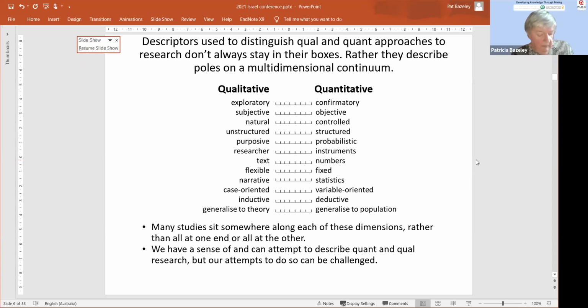Or that numbers mean that you are being positivist and deductive. Well, not always. Numbers can be used in an inductive way. So those divisions can be challenged, and studies often sit somewhere on the continuum between each of those characteristics. And remember, I've just listed a few there, and there are anywhere up to 40 of them.